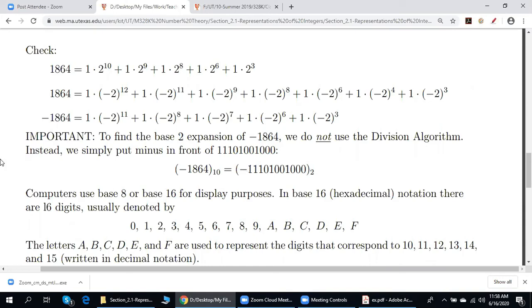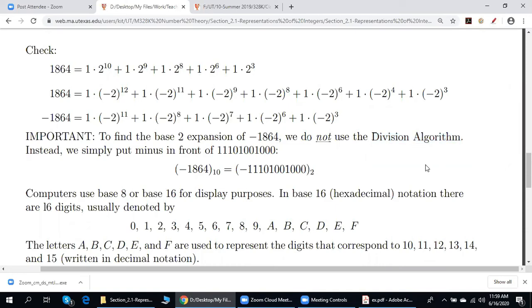Can you repeat what the general rule of not using the division algorithm is? So the general rule is, if the number is negative, but the base is positive, we do not use the division algorithm.